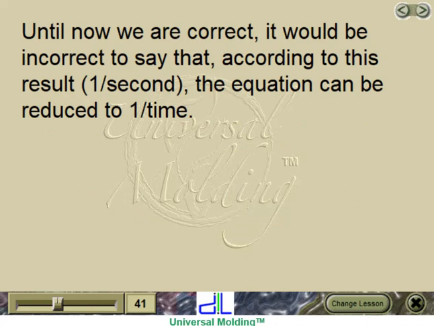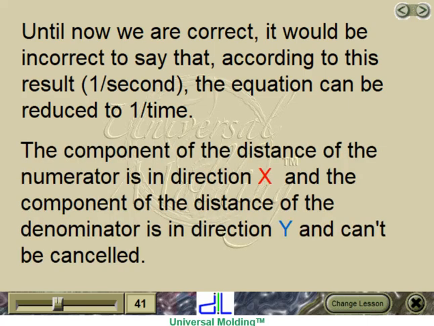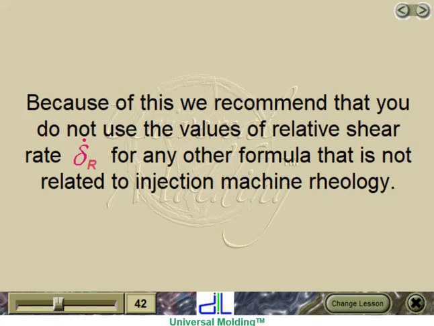It would be incorrect to say that, according to this result, the equation can be reduced to 1 divided by time. The component of the distance of the numerator is in direction x, and the component of the distance of the denominator is in direction y, and can't be canceled. Because of this, we recommend that you do not use the values of relative shear rate for any other formula that is not related to injection machine rheology.